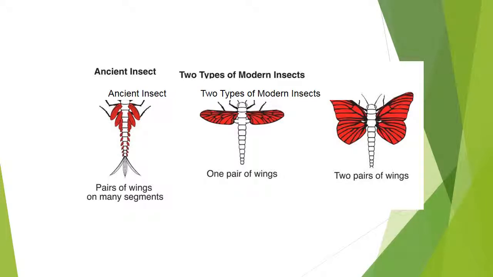But over time, if those Hox genes evolve or become changed or mutated, we have now modern insects that have 1 pair of wings on one body segment, and we have some modern insects that actually have 2 pairs of wings on 2 different body segments. So this is just showing you that DNA over time can change, and this is how organisms, just as simple as an insect, today would look vastly different than the ancient ones.